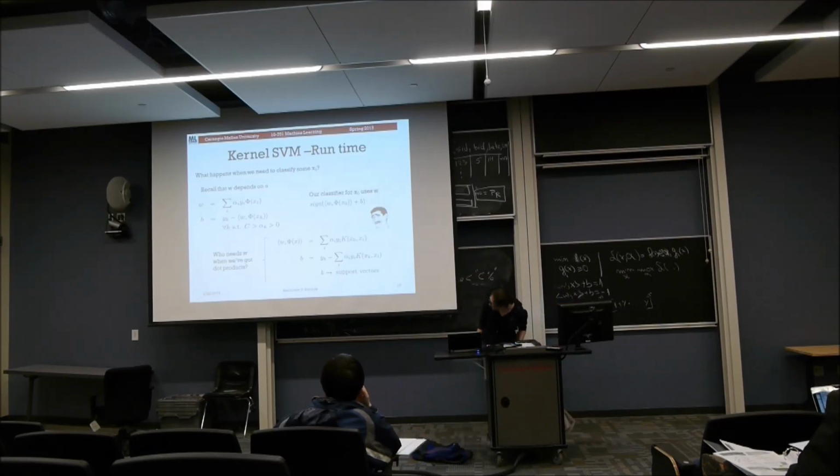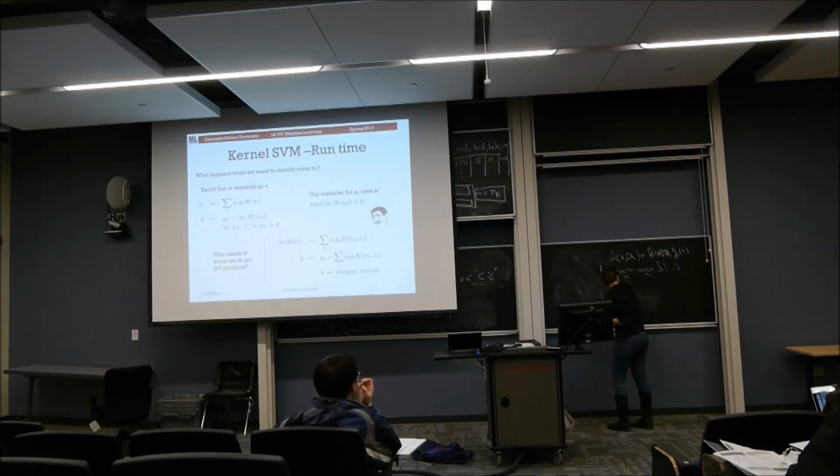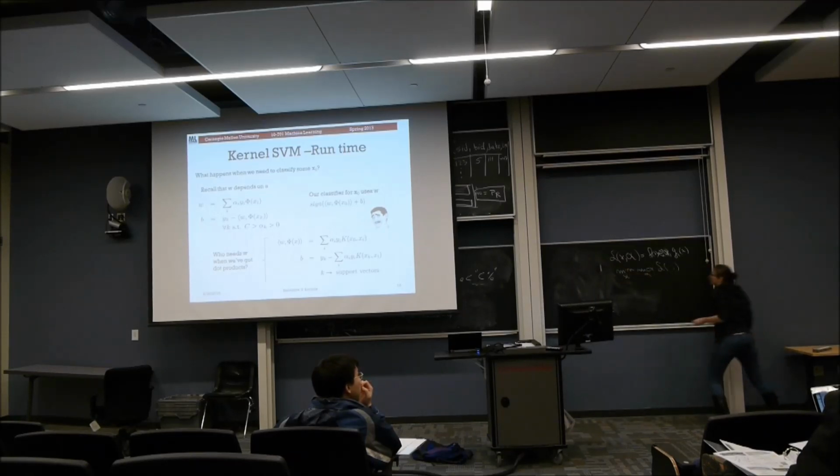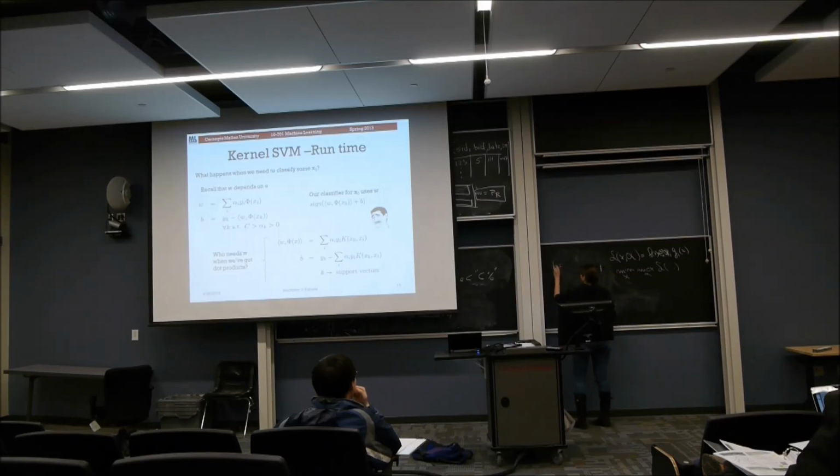You can write B is like 1 minus the dot product with W. For each support vector, we should have a B?